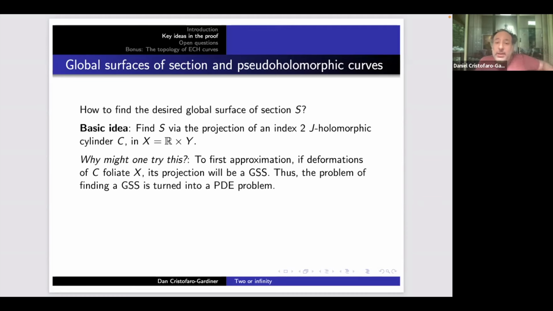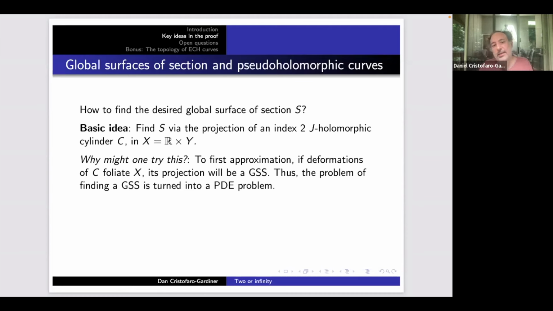You want to put the equation 2 + 2 = 4 in your head. If it's an index 2 cylinder, there's a chance that as I move in my moduli space, the cylinders sweep out this entire 4-manifold X. And maybe they even sweep it out disjointly, in the sense that no two cylinders are going to intersect. I also have some control over my almost complex structure.